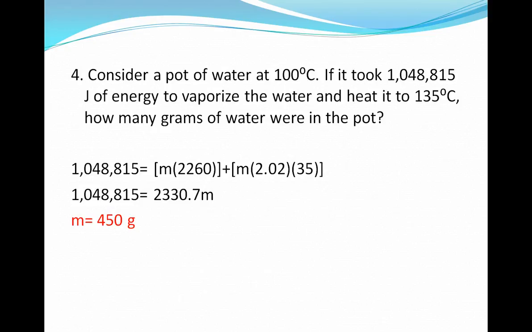The second part is your mass times 2.02 times change of temperature, which is 35, since it's steam. And you set it all equal to the Q value that is given. And basic algebra, and solve for m, which is 450 grams.